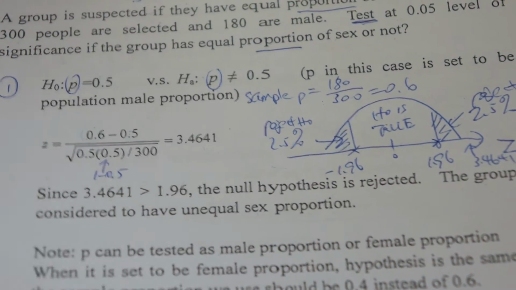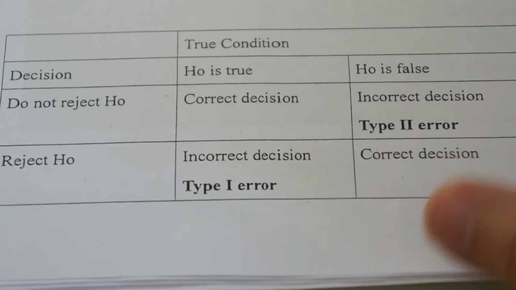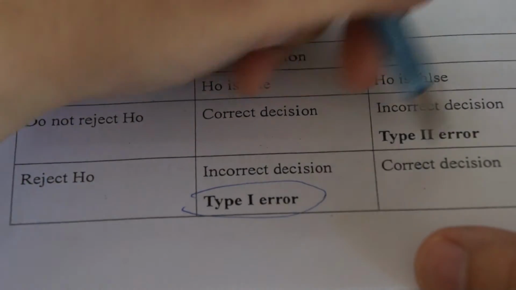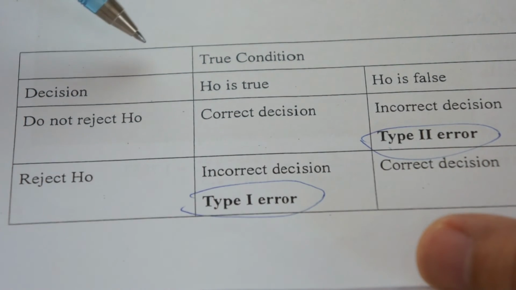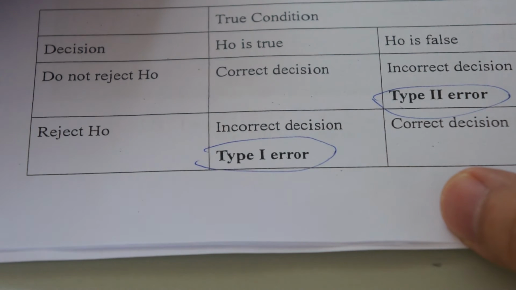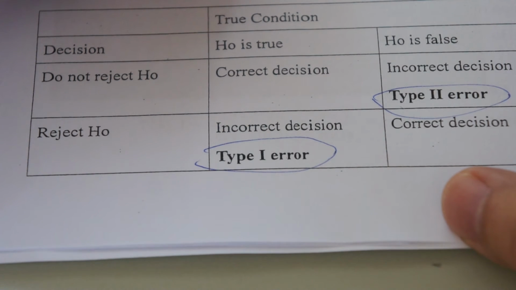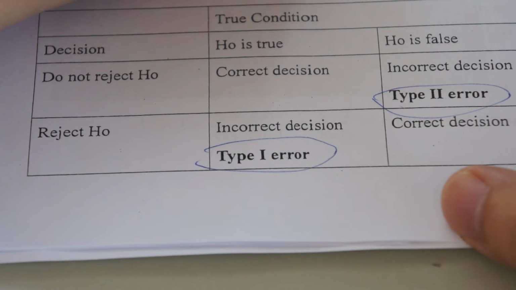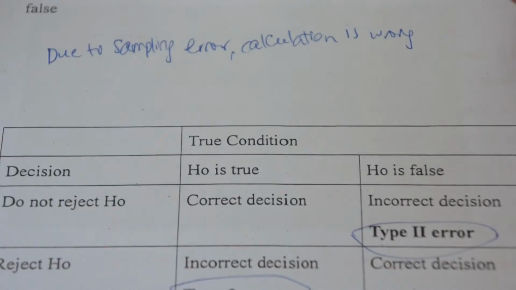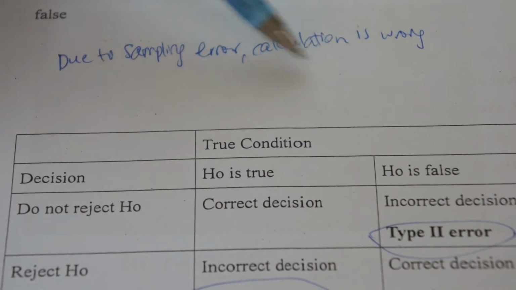And the last part that I would like to talk about is page 6. This part is just to make notes for the definitions, because in some of the cases we have type 1 or type 2 error. This is in fact due to sampling error, and sometimes the calculation is wrong.